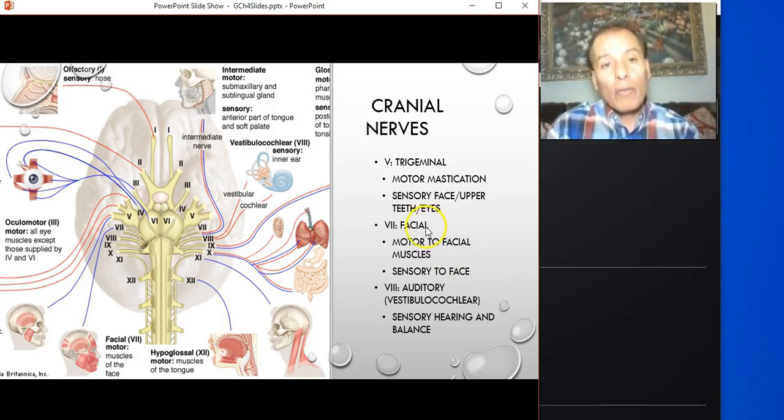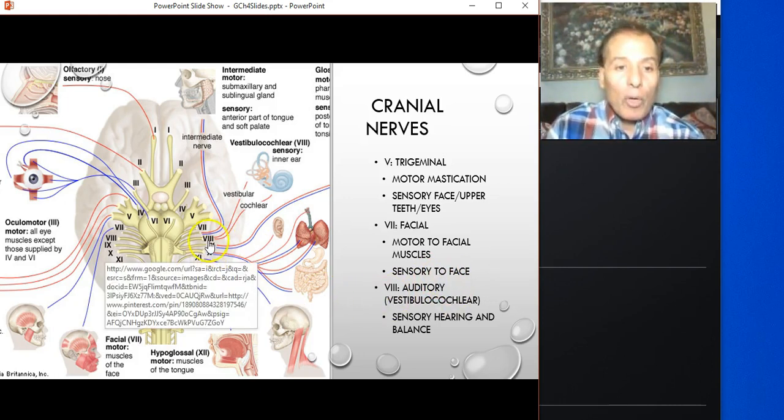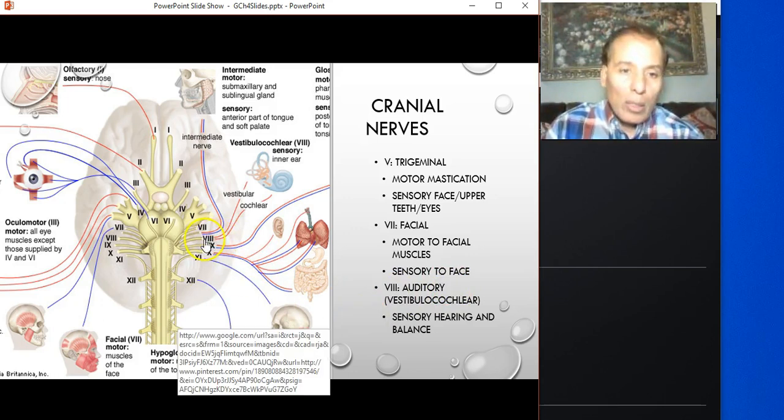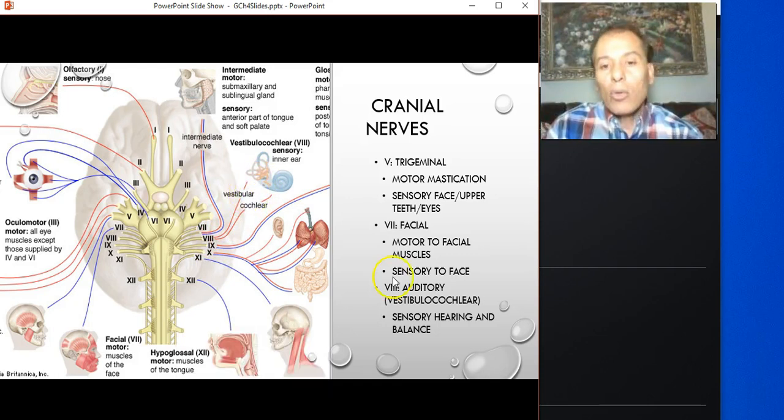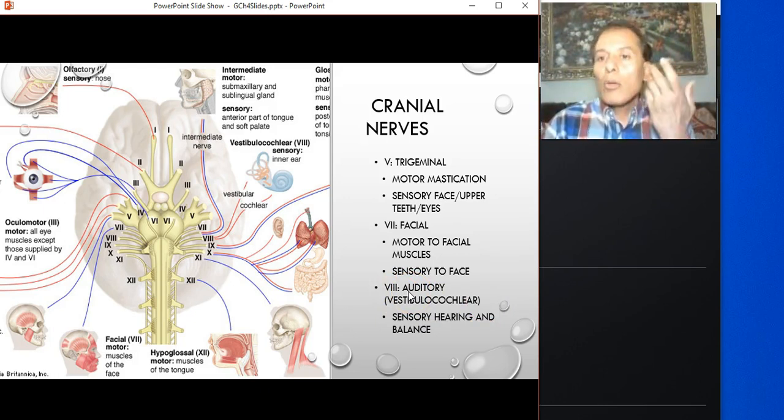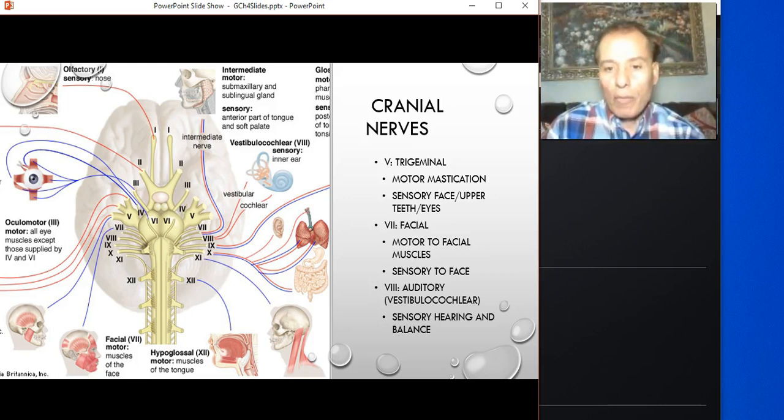And it also has sensory functions, it gives you sensation from various parts of the face. We also have cranial nerve number 8, which has to do with hearing, and that is called the vestibulo-cochlear nerve. That's what enables us to get hearing and also balance. Vestibulo-cochlear nerve. So hearing and balance, and you'll study this in detail in anatomy and also neurology.